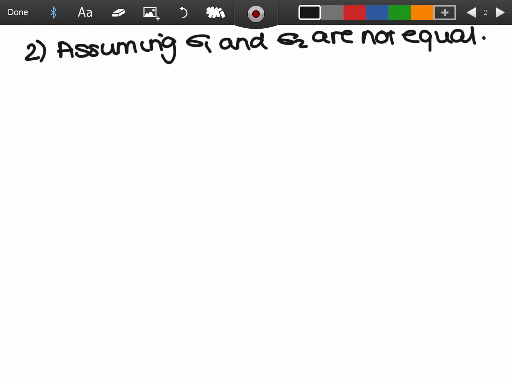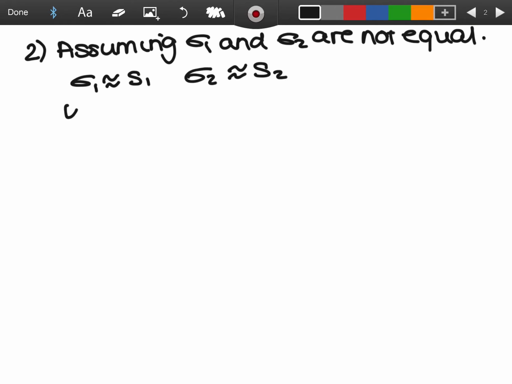Well, the only way that you can do that is by using the sample standard deviations to estimate each one. So if you don't know what sigma 1 and sigma 2 are, and you are not assuming that they are equal, you're just going to estimate each one using the sample standard deviations.